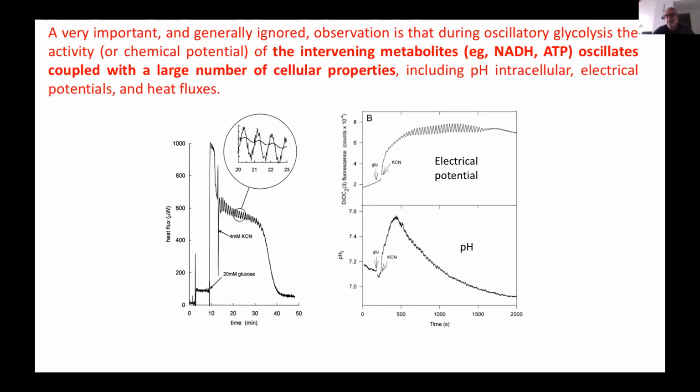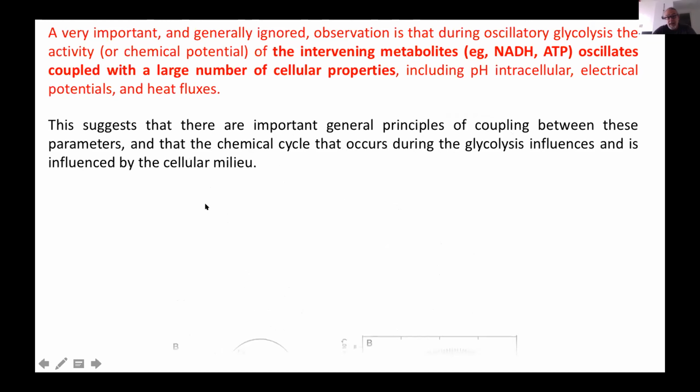These include pH, intracellular heat fluxes, electrical potentials, and things like that, as I'm showing here. This indicates a very strong bidirectional influence between glycolysis and the physical properties, and vice versa.